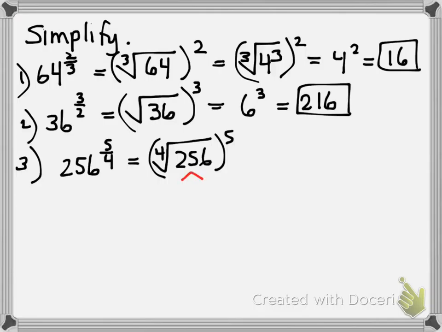Okay, what goes into 256? 2. We get 128. How about 128? 2. We get 64. 2, 32.